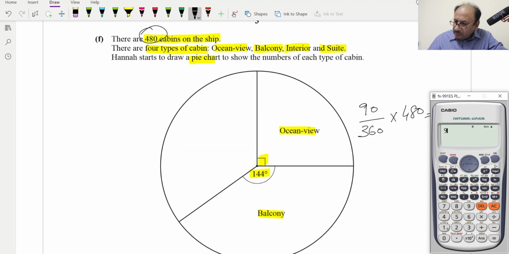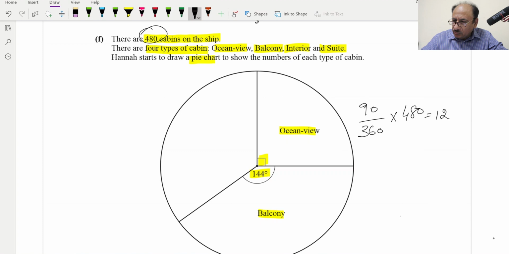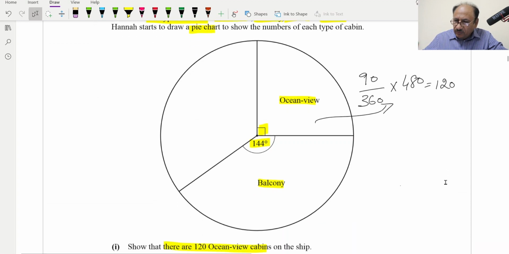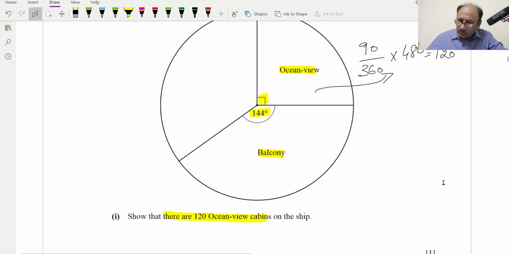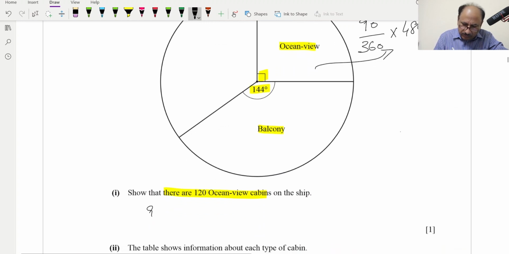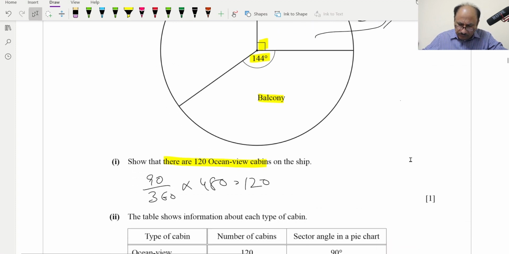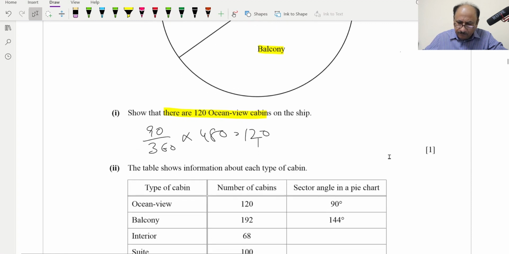So 90 divided by 360, multiplied by 480, is equal to 120. So this is how we show it is equal to 120. This is the working, and we can copy this working over here also. This is basically a 1 mark question which we have done.